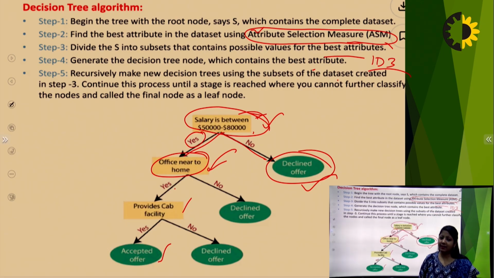So this is a recursive process. Firstly we make the root node having high information gain, then again we calculate information gain and make the decision node, and we repeat this task until all the features are utilized, and finally we get the leaf node. The final node will be the leaf node.